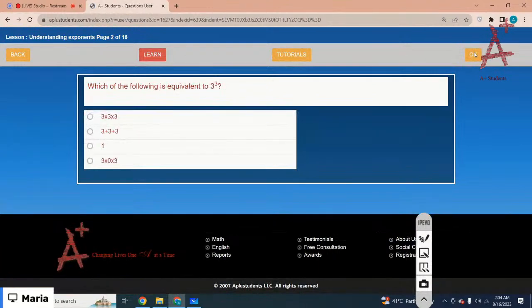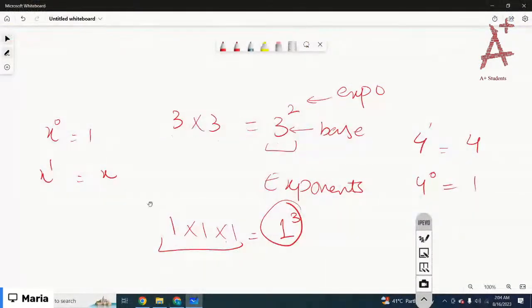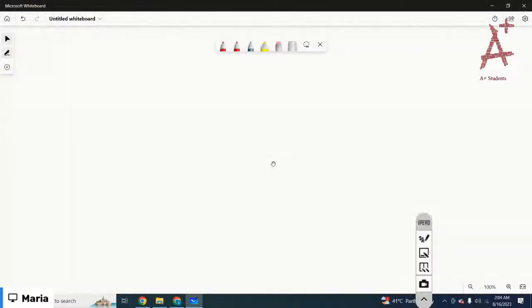Which of the following is equivalent to 3 exponent 3? That means you are going to multiply 3 how many times? Very good, 3 times. 3 exponent 3 means you have to do 3 times 3 times 3.